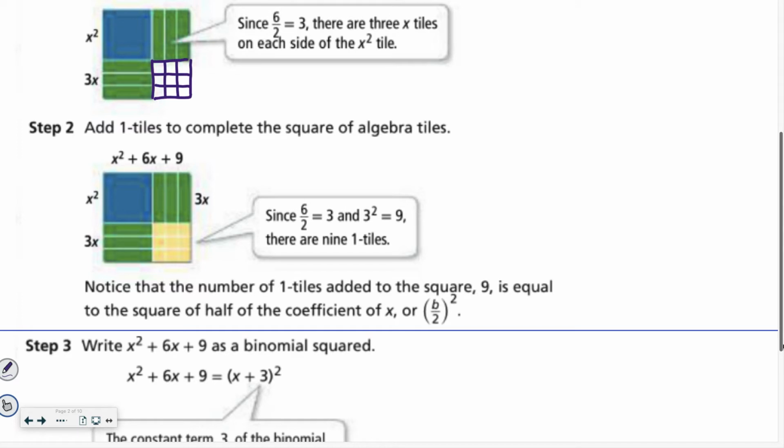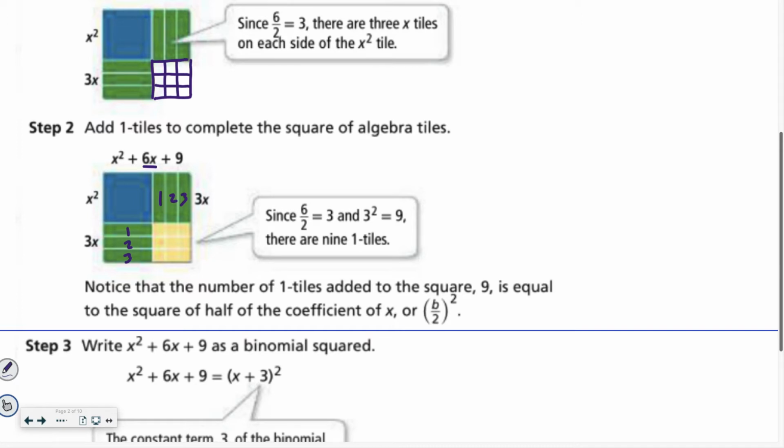The fast way of doing this, without using algebra tiles or drawing a picture, is you take half of that middle term. So you can see they did 1, 2, 3, 1, 2, 3. Each of those is half. And sometimes you will have a number that's not a perfect integer. It'll have a decimal, and that's okay.